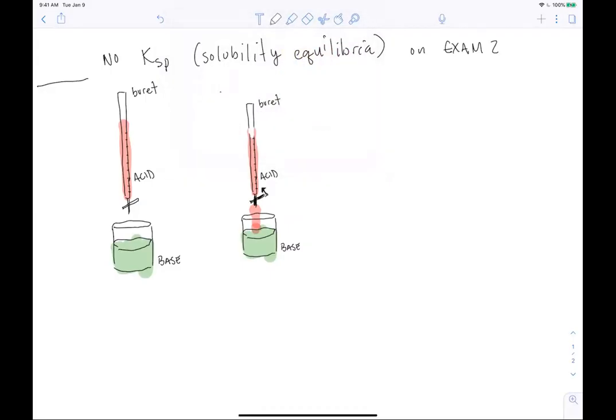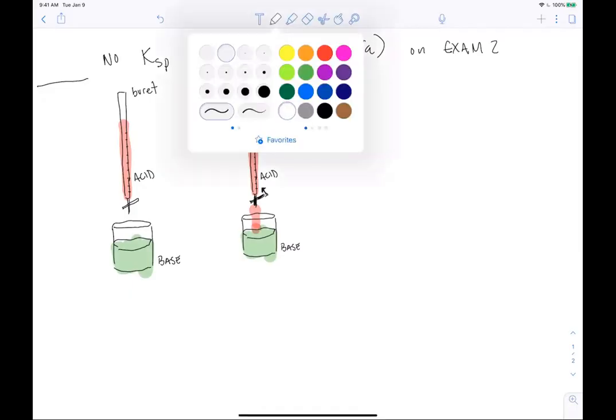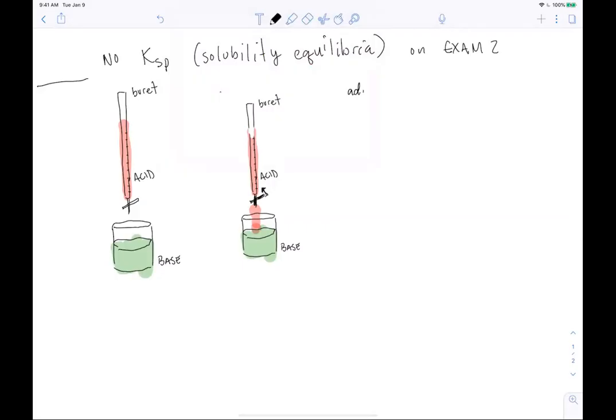Essentially what we're doing is adding strong acid from your burette, well, we can leave out the burette, let's say.